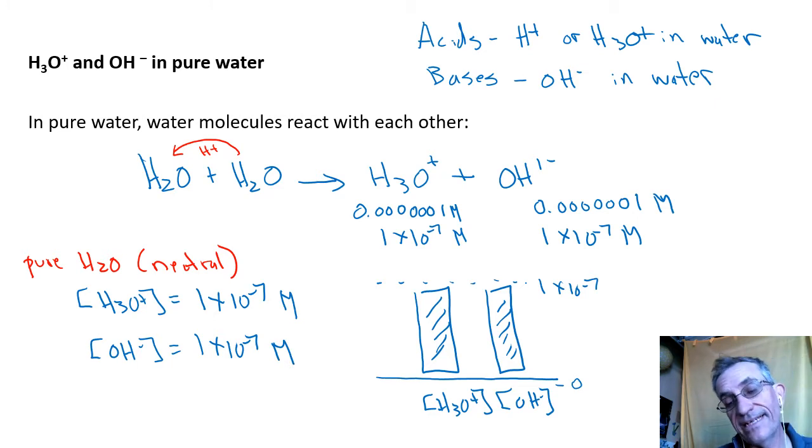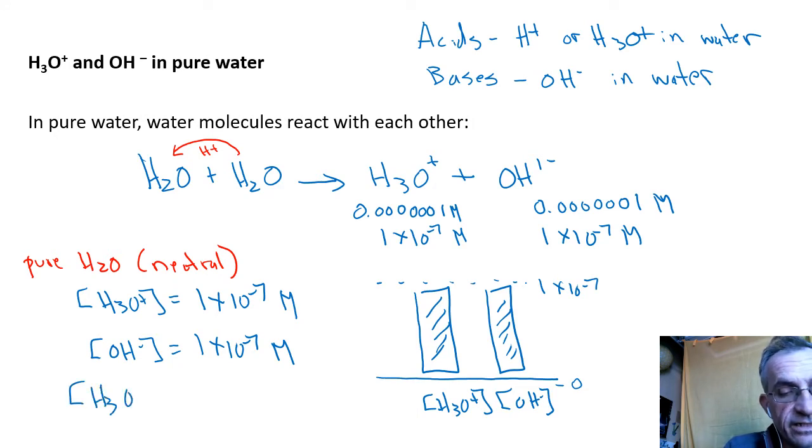Not only are they both equal to this tiny number, they're also equal to each other. So the amount of hydronium and hydroxide will be equal to each other.